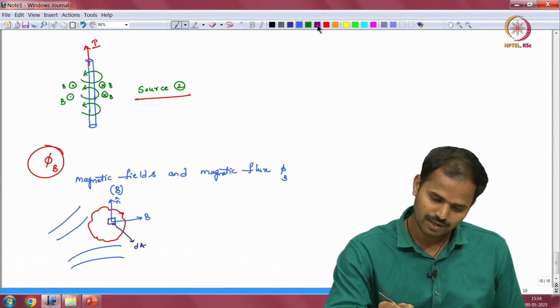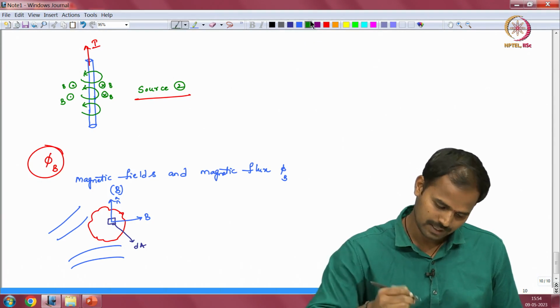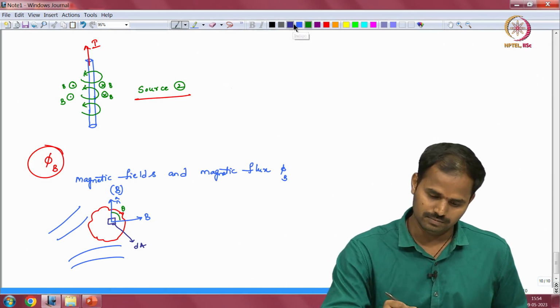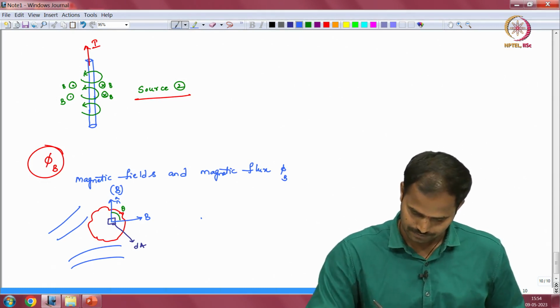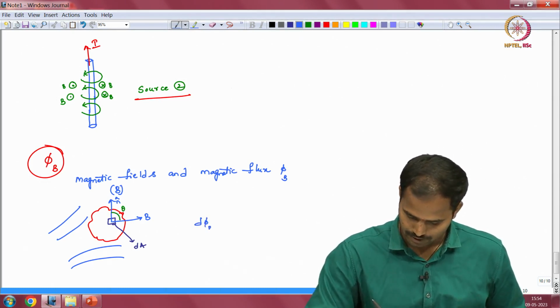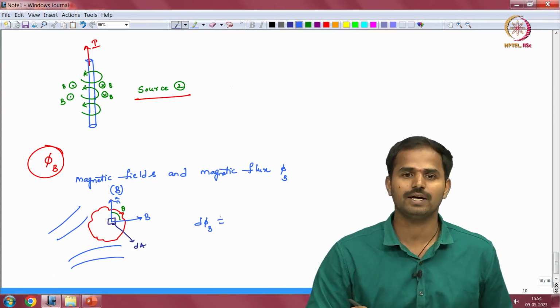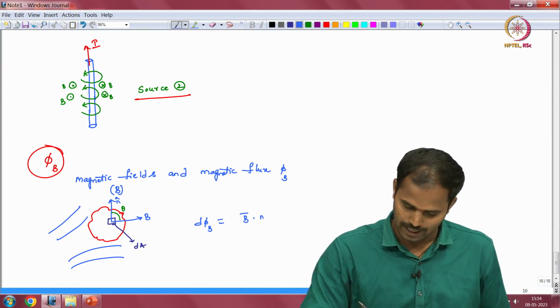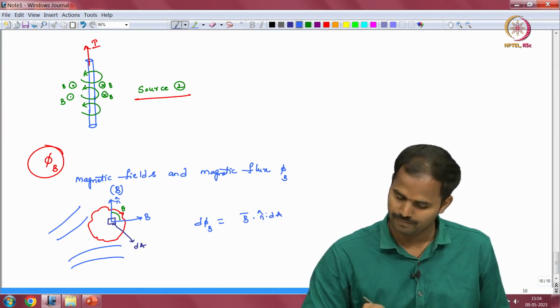The angle between B and n cap is theta. The change in flux is equal to B dot n cap into dA.